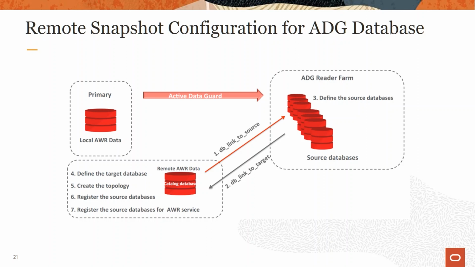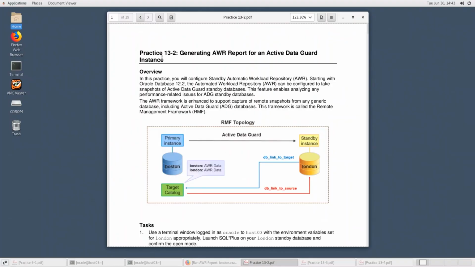So I'm going to show you a quick review of a practice activity. Okay, so here is your practice 13-2. It is to show you the configuration of a remote management framework, or unified management framework. This is to use AWR report and AWR statistics for Active Data Guard.